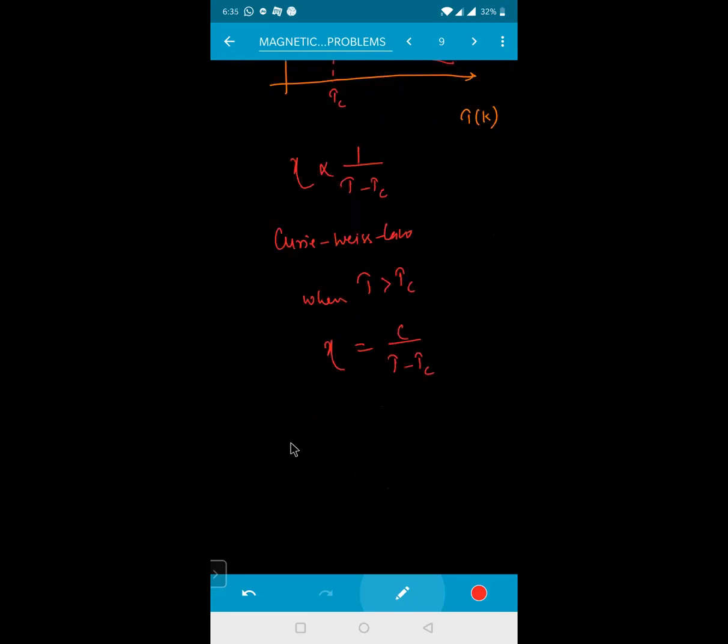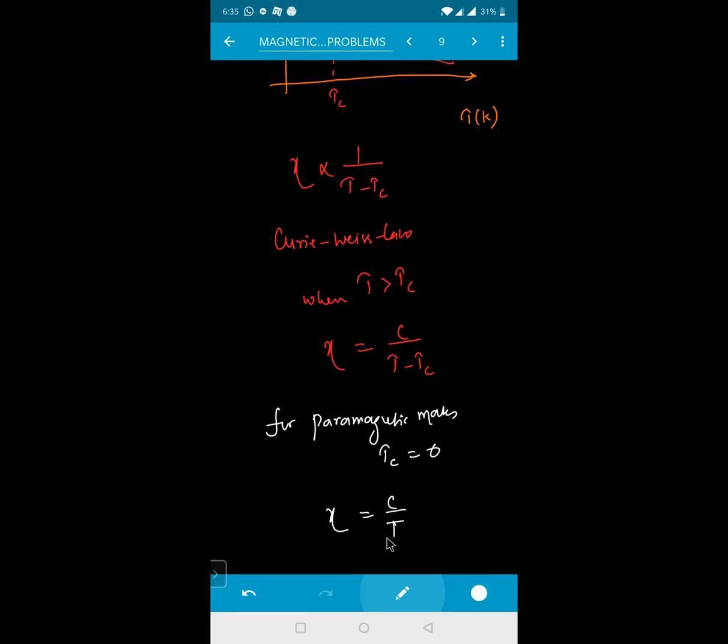For a paramagnetic material, the Curie temperature is 0. That is the reason susceptibility becomes C by T. If the Curie temperature is 0, susceptibility will be inversely proportional to T.